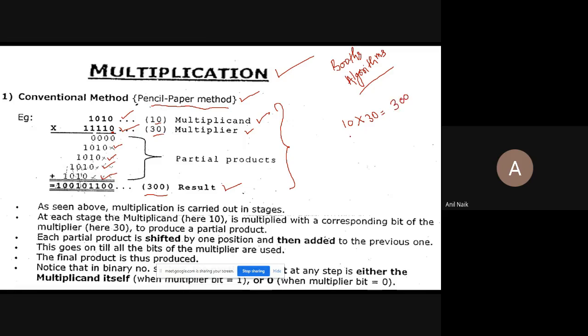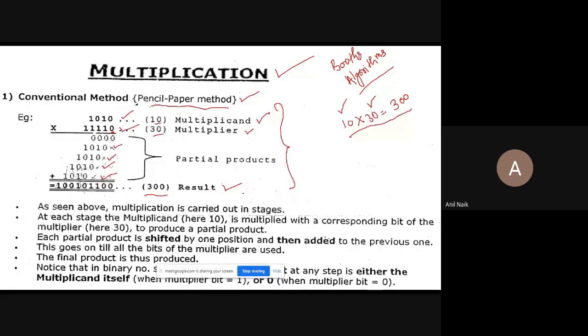This method will work for 10 into 30, plus 10 into plus 30, you will get plus 300.